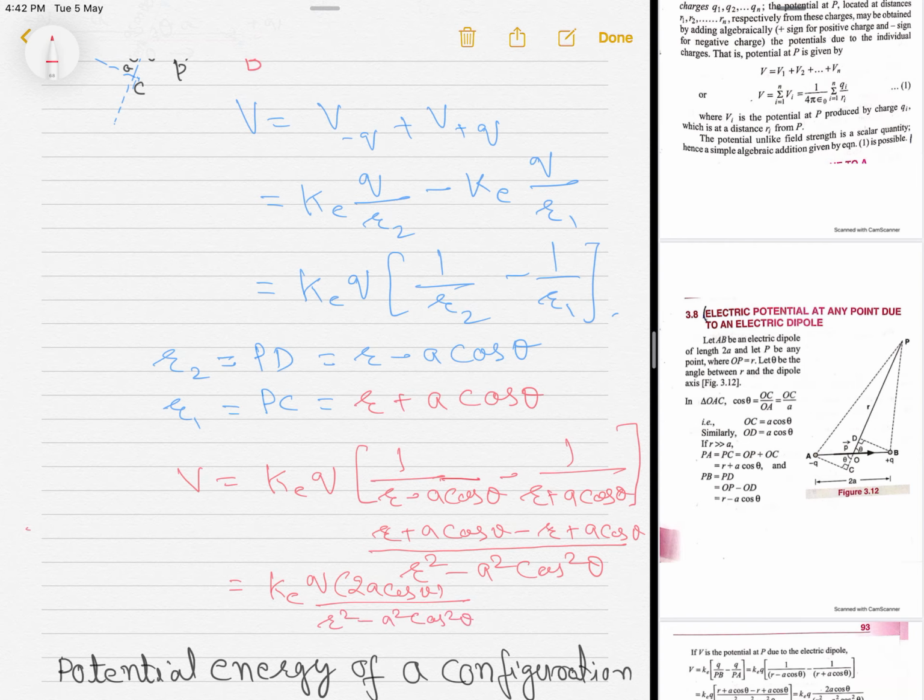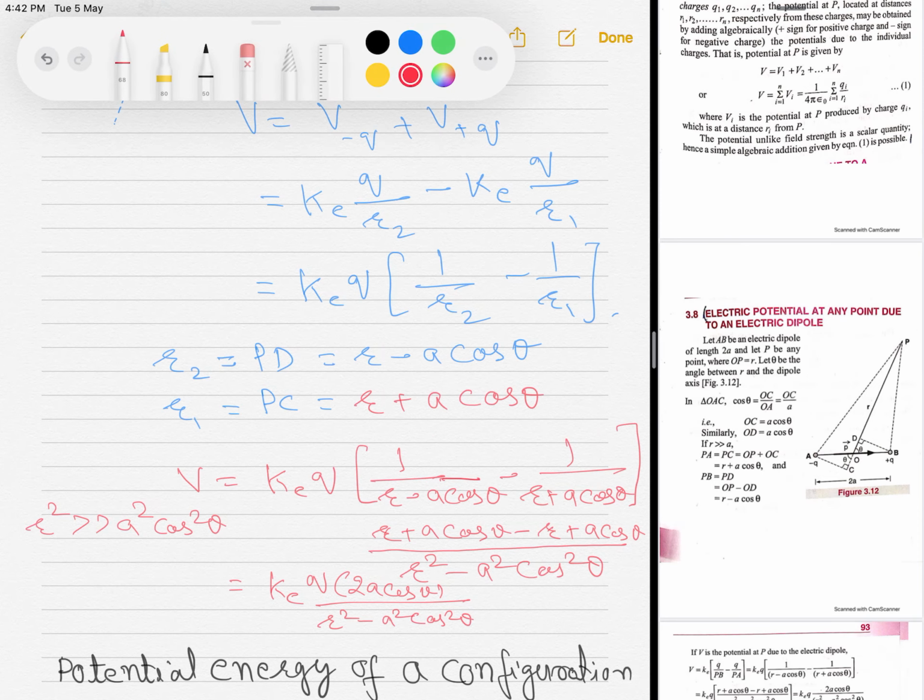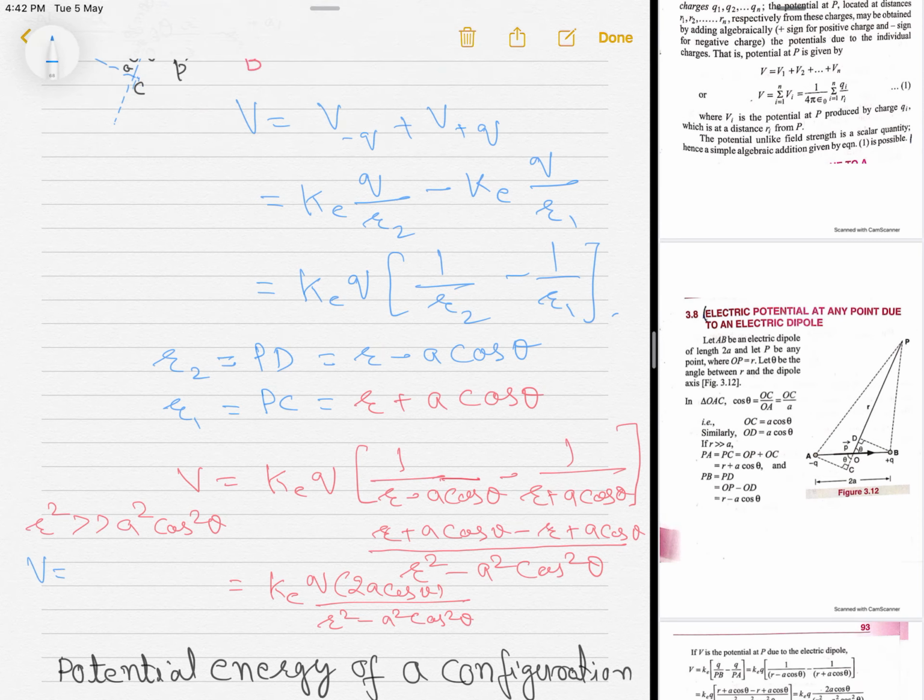If R square is much larger than A square cos square theta, then V will be equal to K E 2AQ cos theta upon R square, because we can ignore A square cos square theta. Q 2A is the dipole moment P, and cos theta is also there.